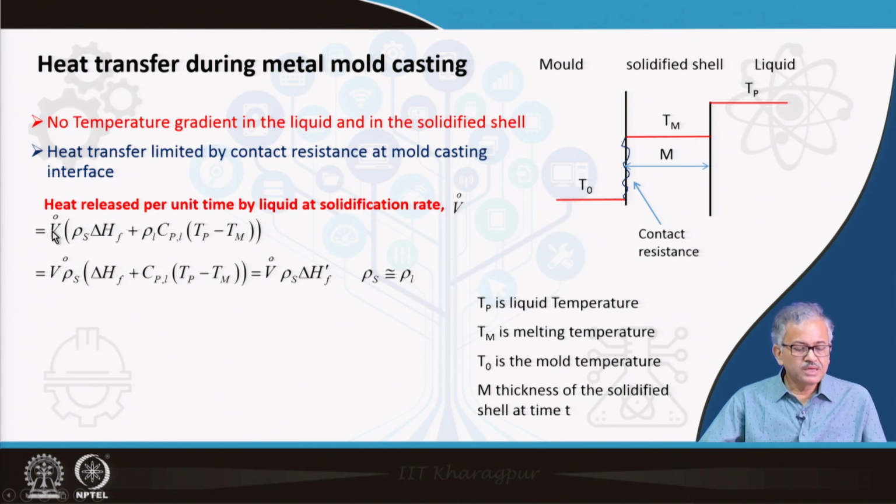Now you can take out the common V naught rho s, and let us consider rho L is equal to rho s. In that case I can write V naught rho s outside, then delta HF plus CPL into Tp minus Tm, which is V naught rho s into delta HF prime. Delta HF prime represents both the sensible heat as well as the latent heat. So this is the total heat that will be released per unit time during solidification at a rate of V naught, that is, the volume of liquid getting solidified per unit time.